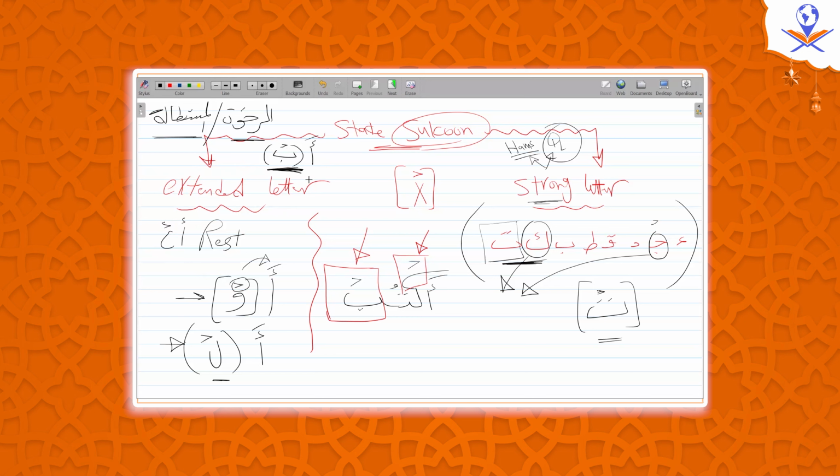But ba, there is no way to extend it. It has to be aba, because it's a strong letter. That's why all qalqala letters are strong letters. If you try extending any of the strong letters, you cannot do it. That's why we have hams and qalqala, to get rid of the strength. Clear? Yes.